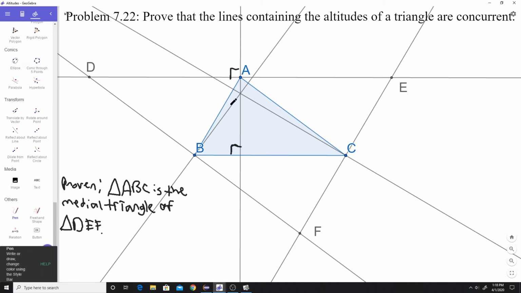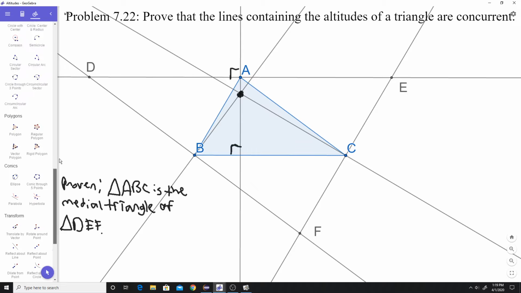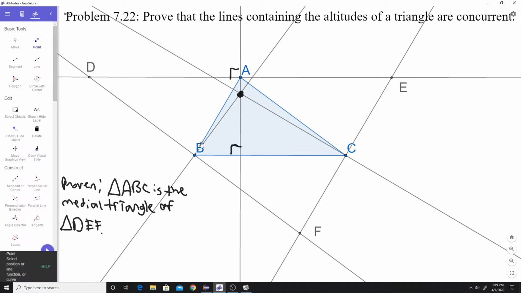And therefore, they are all meeting at this point here. So if I were to continue labeling these points, we would say that BG is an altitude, AH is an altitude, and CI is an altitude.